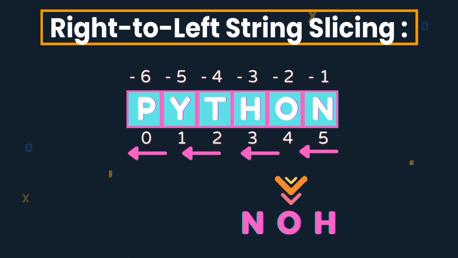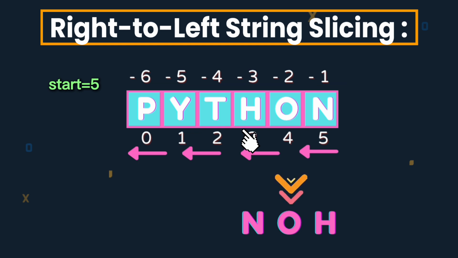Let's solve it together. To get the substring NOH, we first need to start with the letter N. What is the positive index that allows us to get N in the string Python? It is 5, the last index. Now we want to slice in reverse until we reach the letter H. What should be the negative stop index to use?